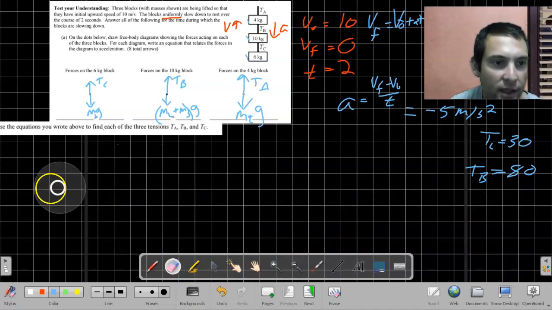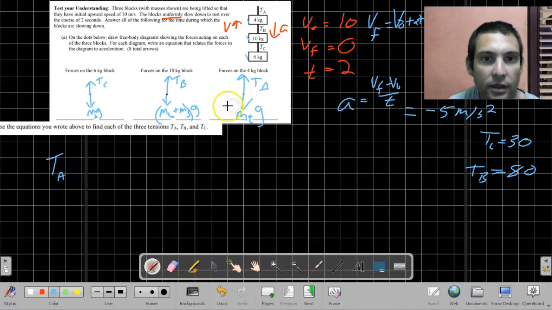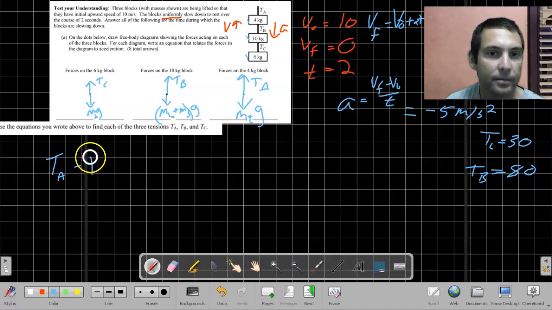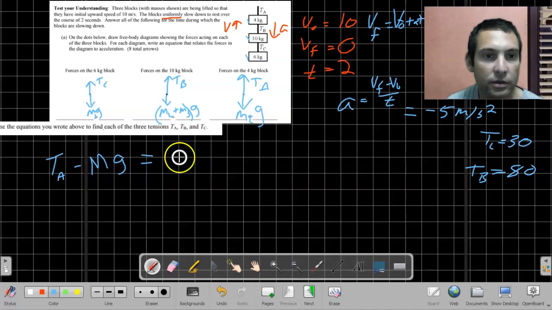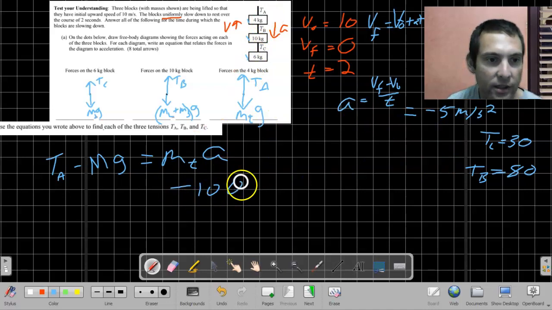What do you think? Is TA going to be larger or smaller? You already know. Stuff that makes it go minus stuff that holds it back. Total mass times G equals total mass times my acceleration. My total mass is 20 times negative 5 is going to be negative 100.